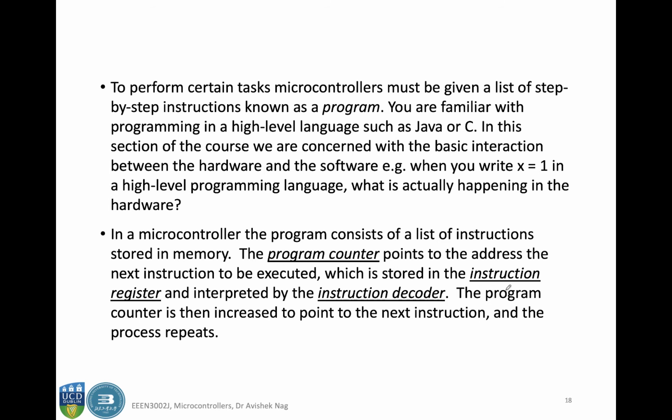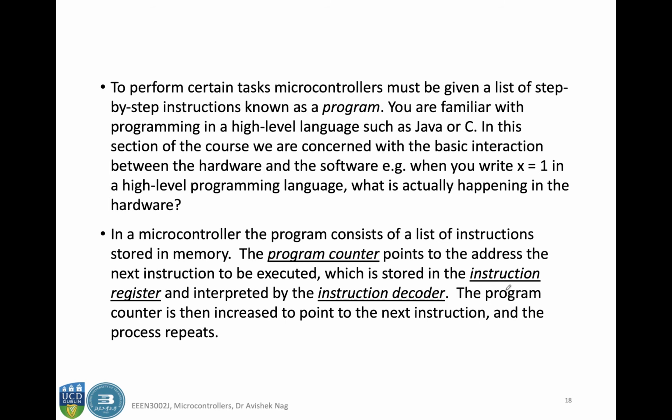So in a microcontroller, the program consists of a list of instructions that are stored in the memory, and the program counter, which is one of the blocks you saw inside the CPU, points to the address of the next instruction to be executed, which is stored in the instruction register and interpreted by the instruction decoder.